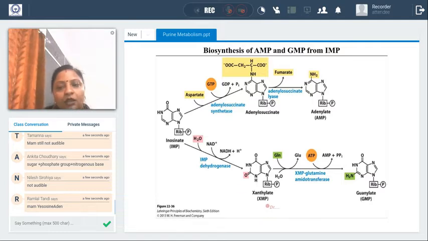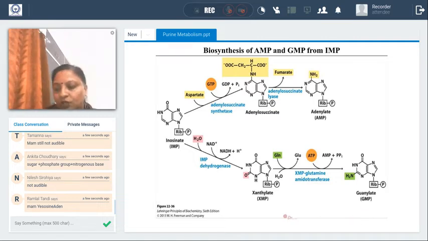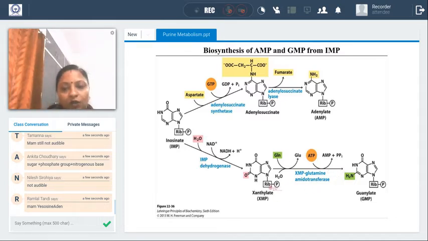Then we have XMP glutamine amidotransferase. In its presence, we get GMP, guanosine 5-monophosphate, that is guanylate. In the presence of ATP, ATP converts into AMP and PPi. Again, H2O combines in the process.